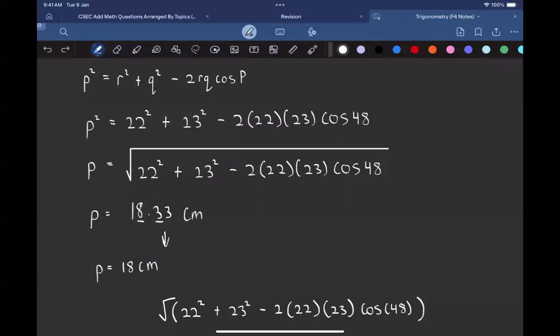Since 3 is not 5 or more, we round down.